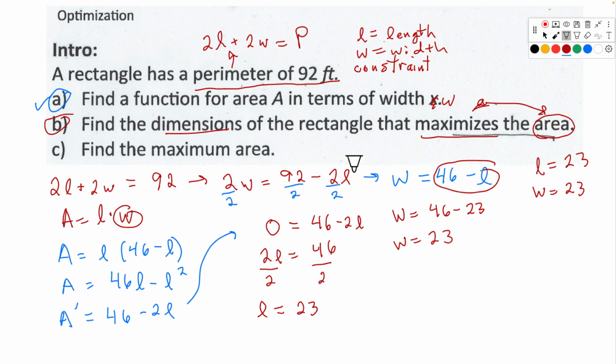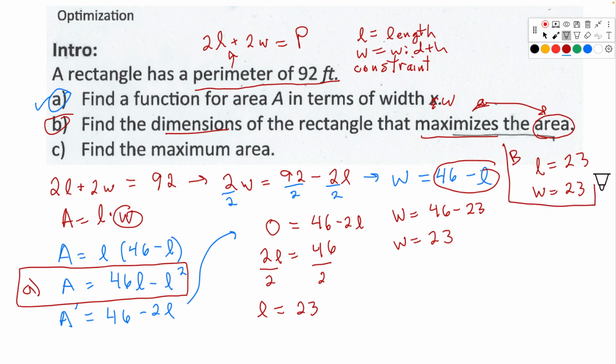Okay, so that's the answer to B here. Let me label these. This here was our answer to the A part. This is our answer to the B part. And C, find the maximum area. What's left to do?